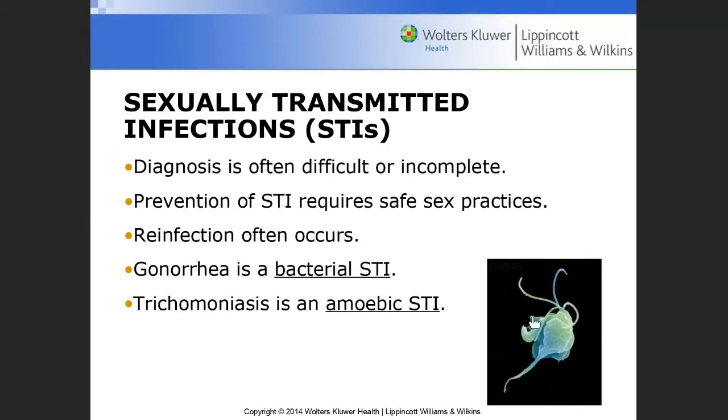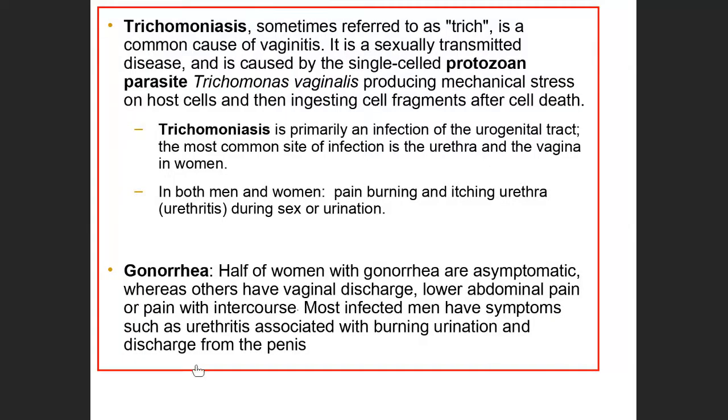Trichomoniasis is caused by something kind of like Giardia in a way, but this is the amoebic sexually transmitted disease. Or gonorrhea, caused by a bacterial sexually transmitted disease. All right, so here is what I think is important for you to study: the difference between gonorrhea and trichomoniasis, also known as trich, right?